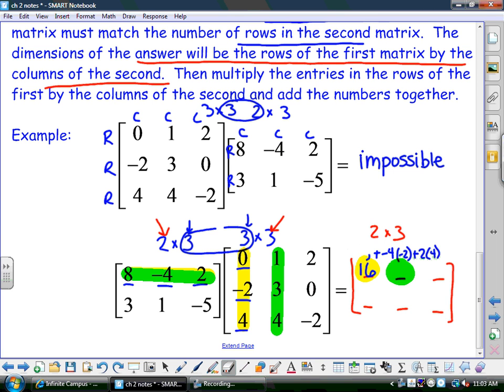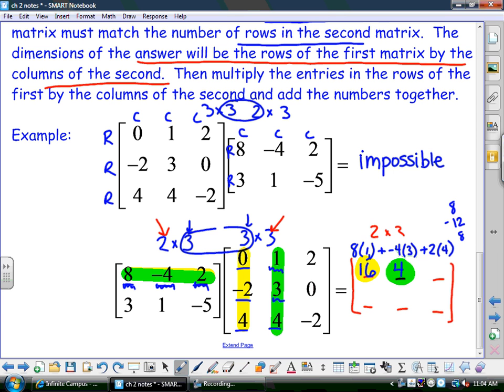So to get that number, I need to multiply the numbers in the rows by the numbers in the column. 8 times 1 plus -4 times 3 plus 2 times 4. Then multiply and add all of those together. In this case, that's 8 plus -12 plus 8, or 16 minus 12, which is 4.